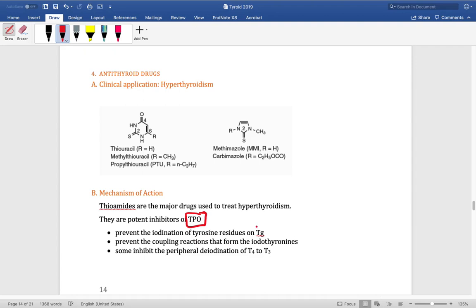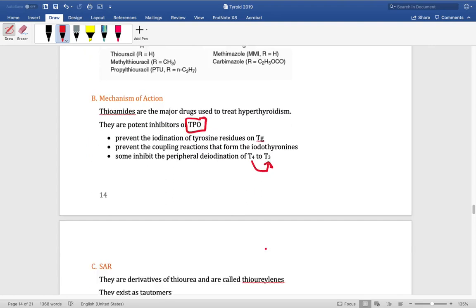So if you remember, you have all these tyrosine residues on thyroglobulin, and those have to be iodinated first, and then have to undergo a coupling reaction before they are digested to release T3 and T4. Well, these thioamides are going to block both of those. Okay. Now, some of the thioamides also will block the conversion of T4 to T3. So let's look a little bit deeper into that.